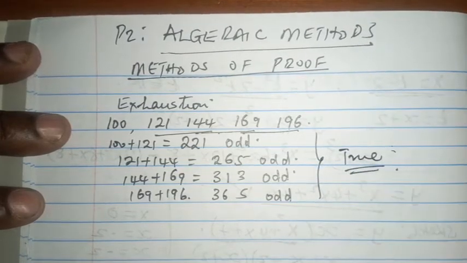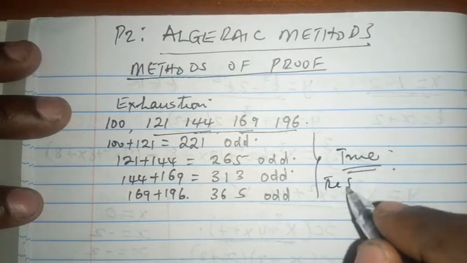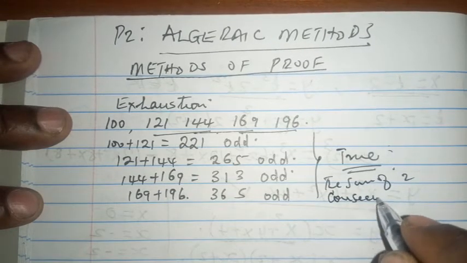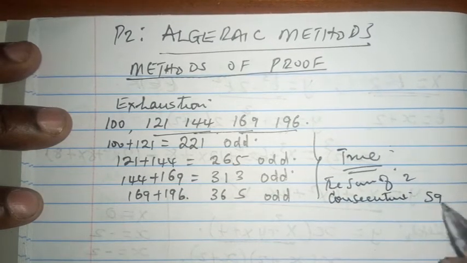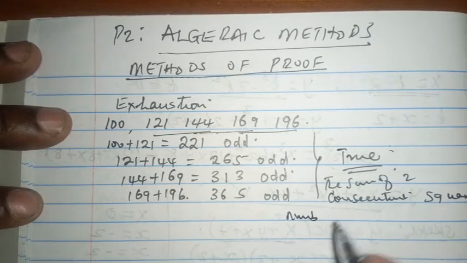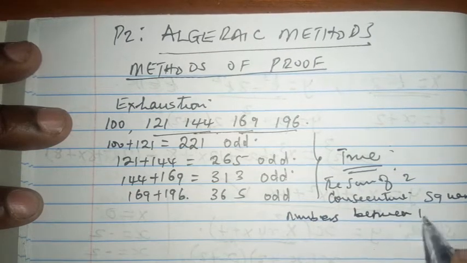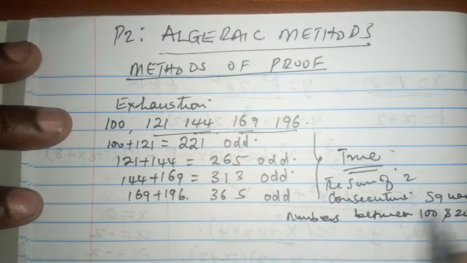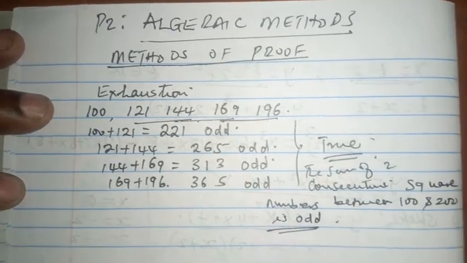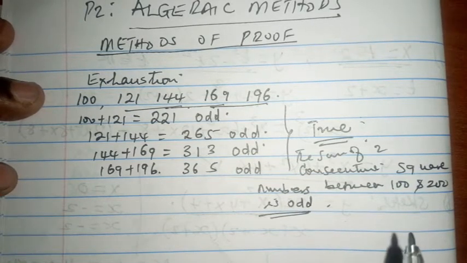So this is true. It's true that the sum of two consecutive square numbers between 100 and 200 is odd. This is what we have just proven by exhaustion, because we've been able to break this into smaller cases and deal with each one of them.